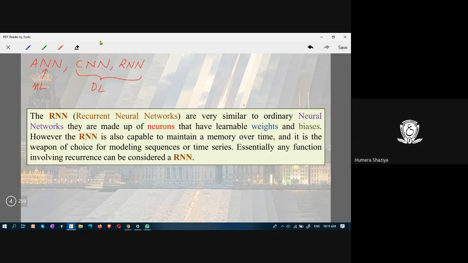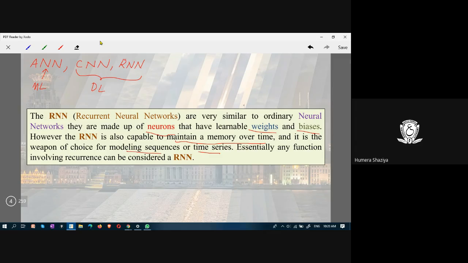A recurrent neural network, like a normal neural network, is made up of neurons that have learnable weights and biases. The significant feature of a recurrent neural network is that it maintains a memory over time, and therefore it is mainly used for modeling sequences or time series data.